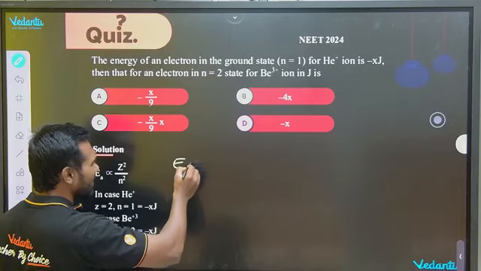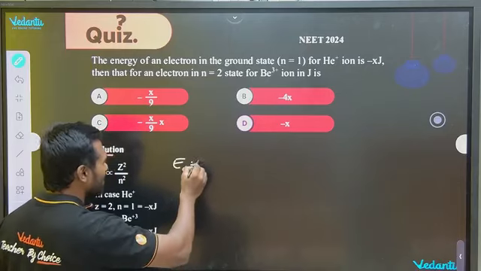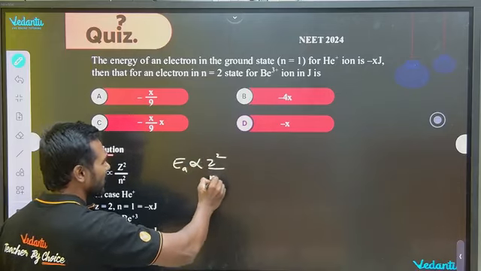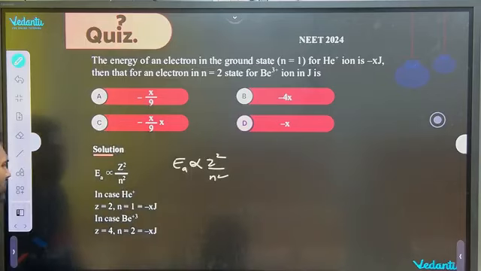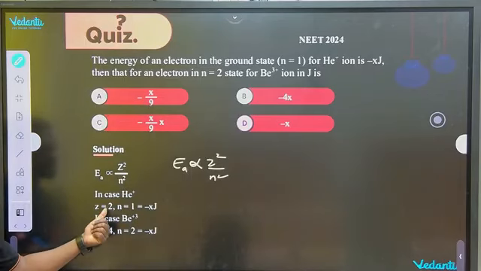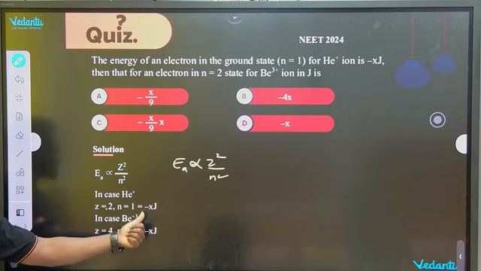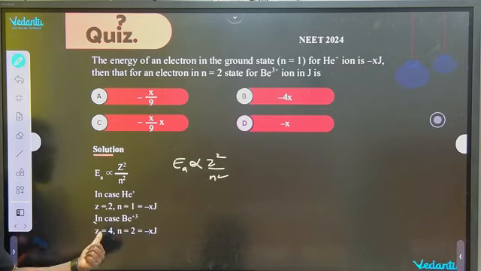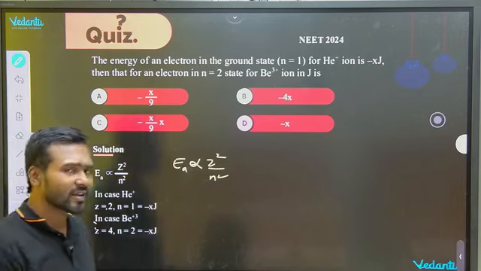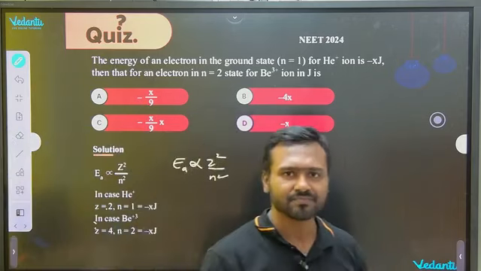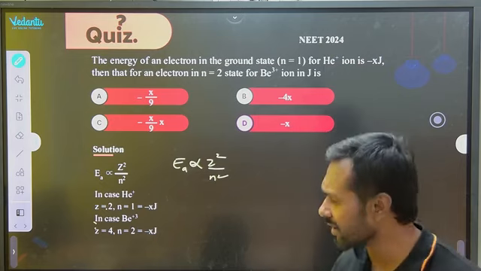Energy of an electron is directly proportional to Z square by N square. In case of helium, Z is equal to 2 and N is equal to 1, and that value is given as X. And in case of beryllium, Z is equal to 4 and N is equal to 2, and that value also you will get the same, minus X. This is a simple question, directly you can substitute.